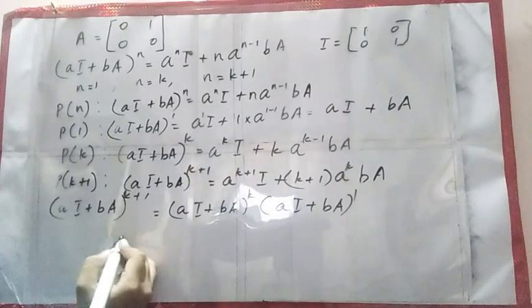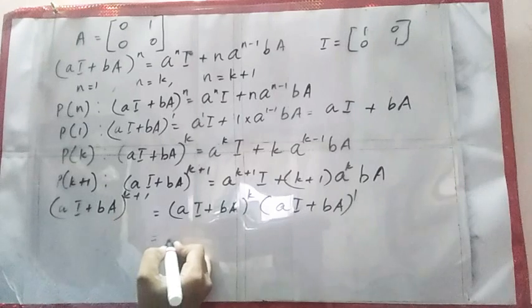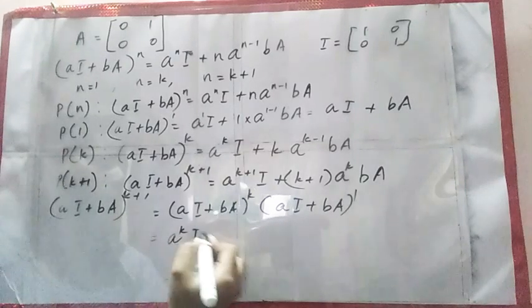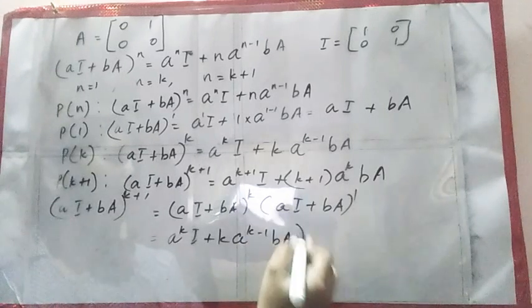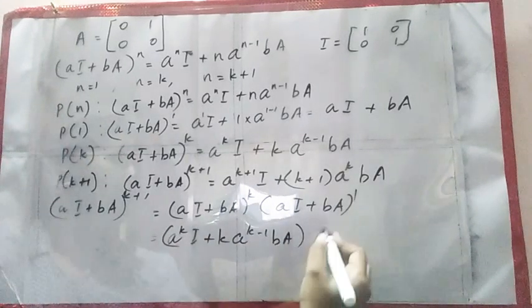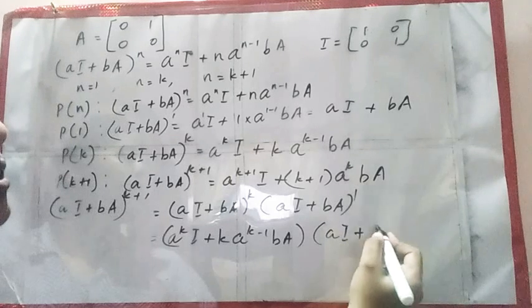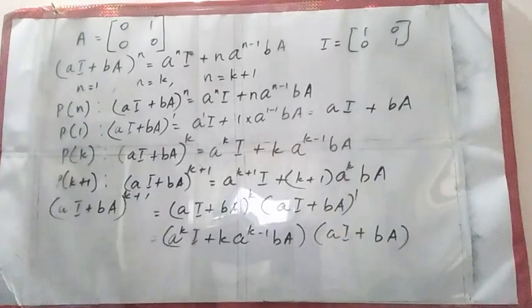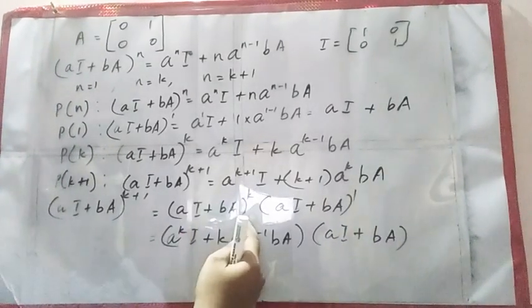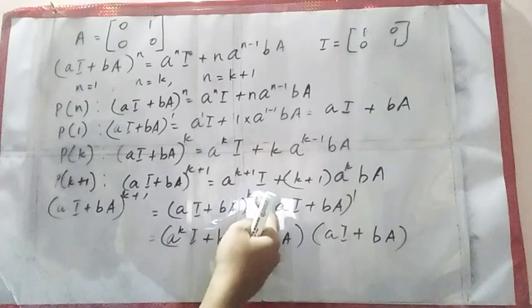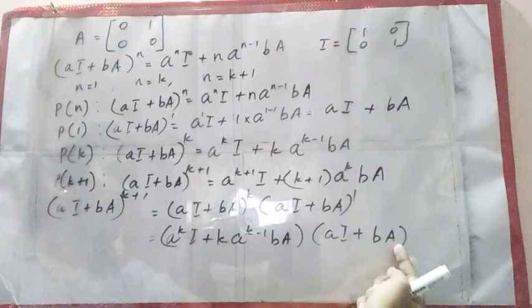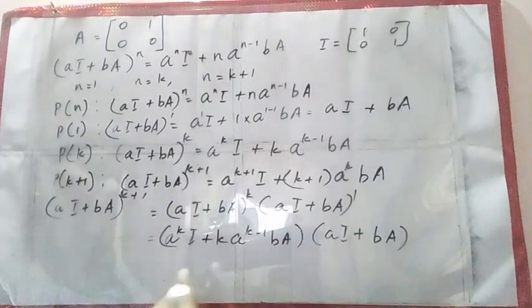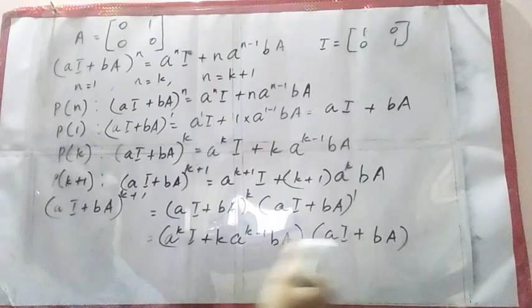That is, we get a^k I + k a^(k-1) bA into (aI + bA). Here we have substituted the result a^k I + k a^(k-1) bA for (aI + bA)^k, and the rest is (aI + bA). Now we will multiply the terms one by one.